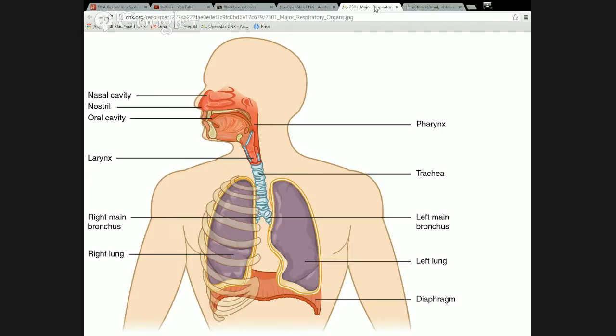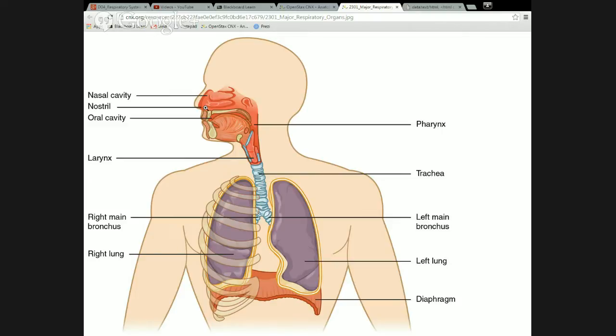So we can breathe in through either our nose or our mouth, but we're going to focus on the nasal cavity because a lot of the structures in the oral cavity are really about digestive function. So we'll be dealing with that next week. The opening to the nasal cavity, as they pointed out here, is the nostril. Another term for the opening of the nasal cavity is the nares.